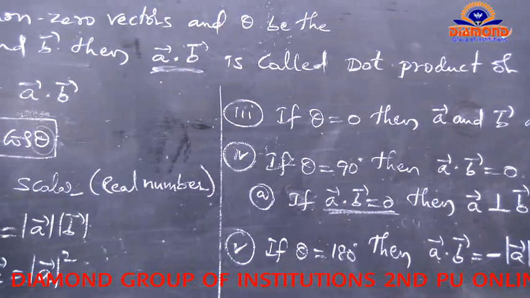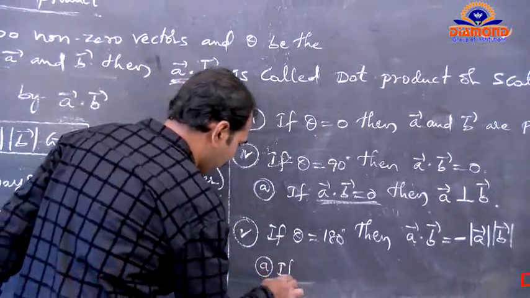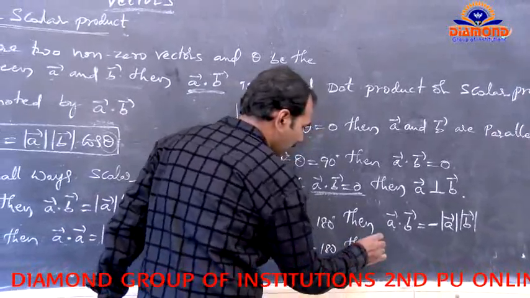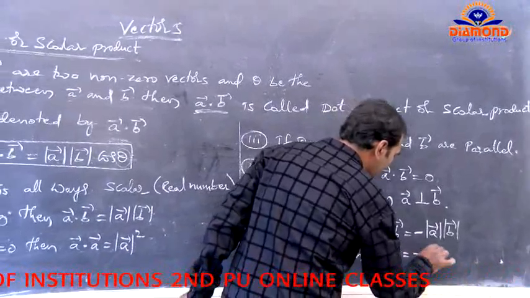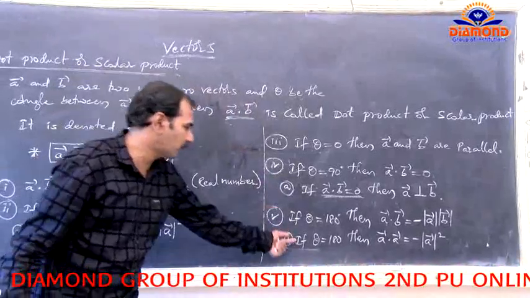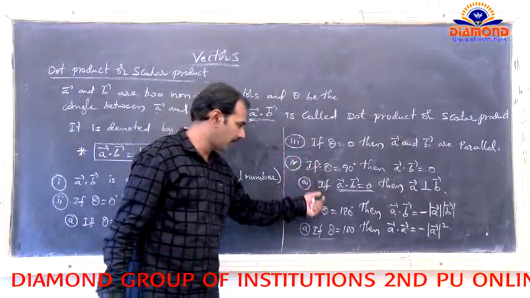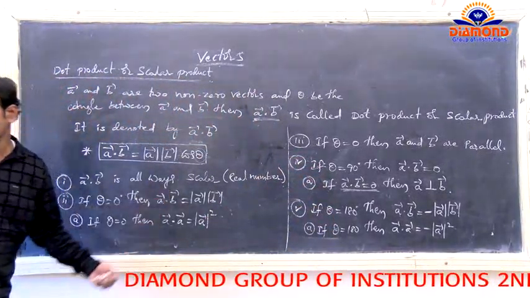For the same vector, A vector dot A vector equals minus magnitude of A squared. So theta equal to 0, 90, 180 are very, very important conditions.